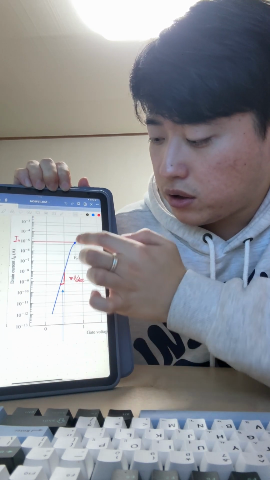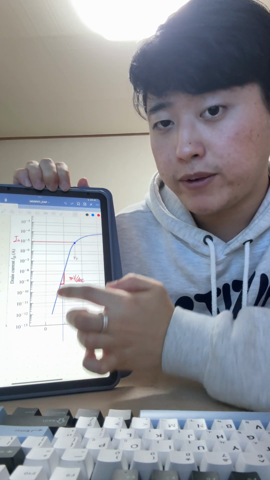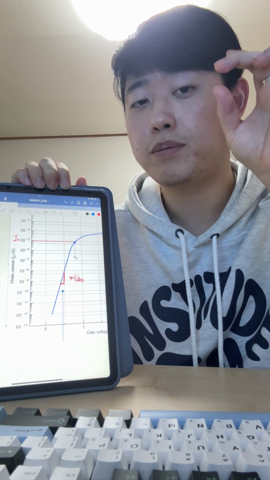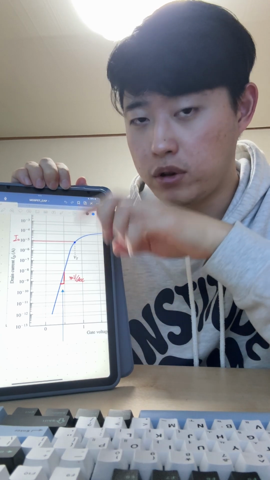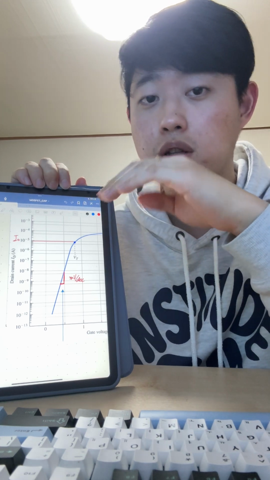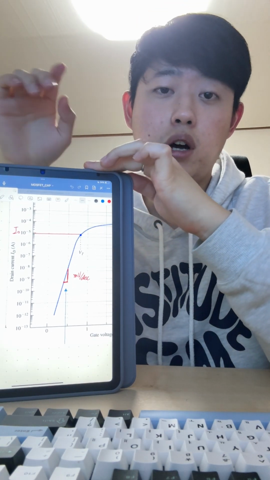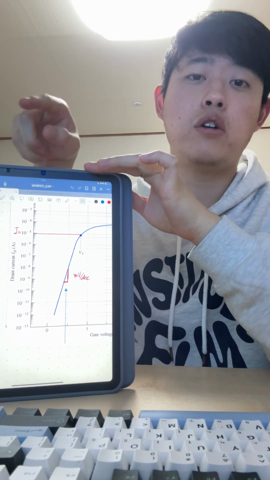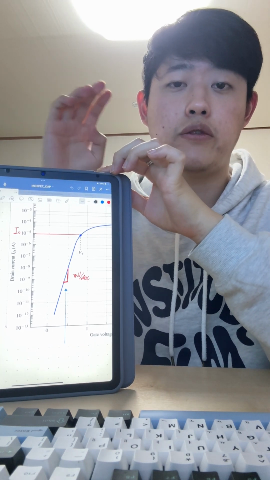So this is the standby mode of MOSFET, and it spends very low current, but in a chip, an integrated circuit, there are tons of transistors.